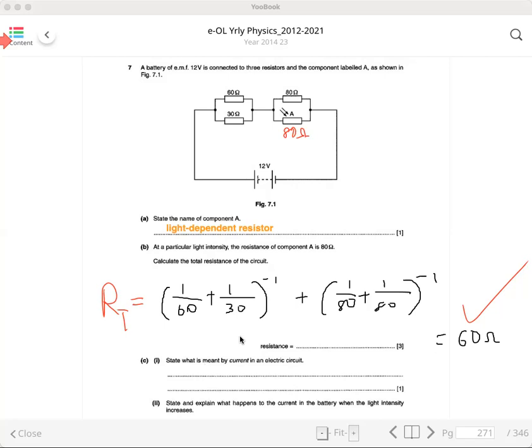Oscar, your definition for C part 1 is correct, but there's no need to tell me the units.